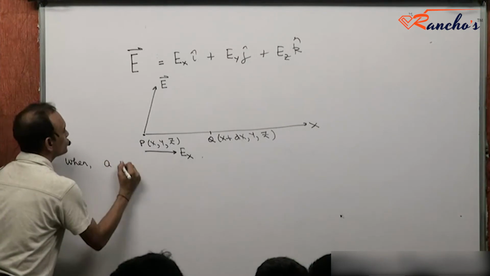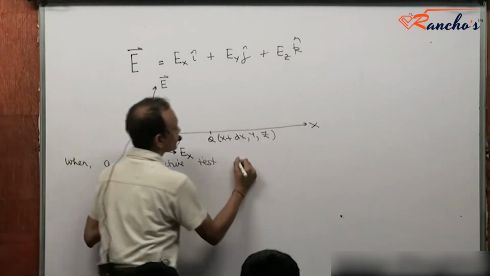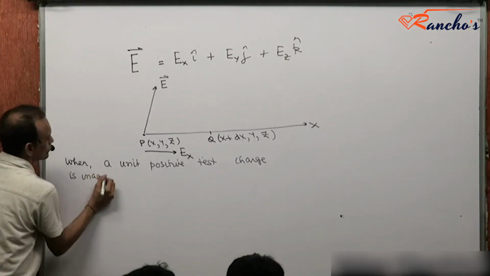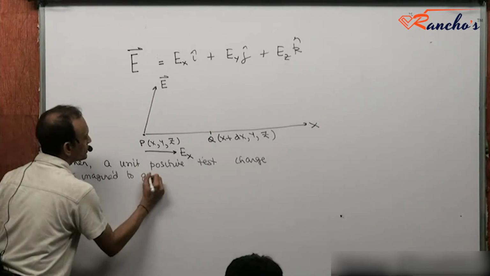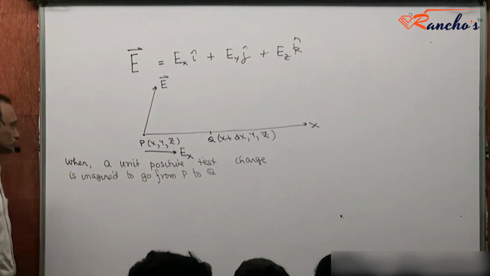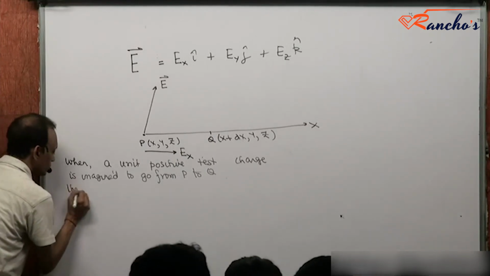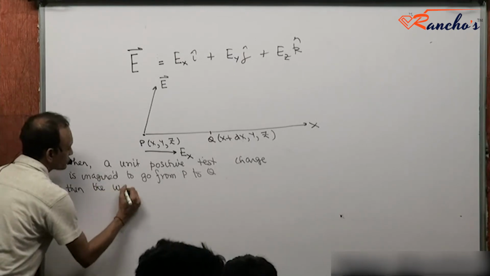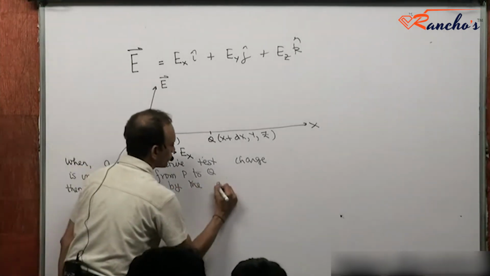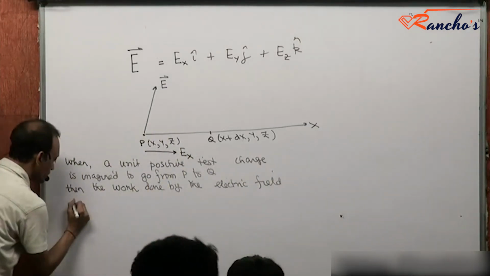When a unit positive charge is imagined to go from P to Q, then the work done by the electric field, dW by the field.